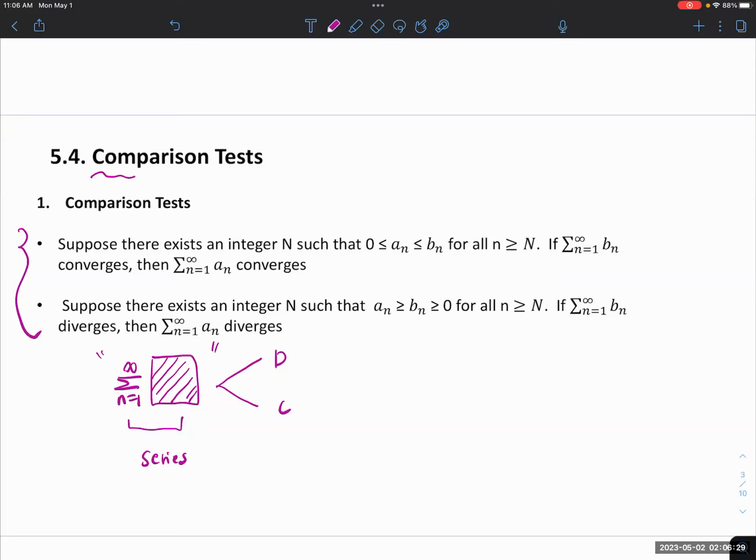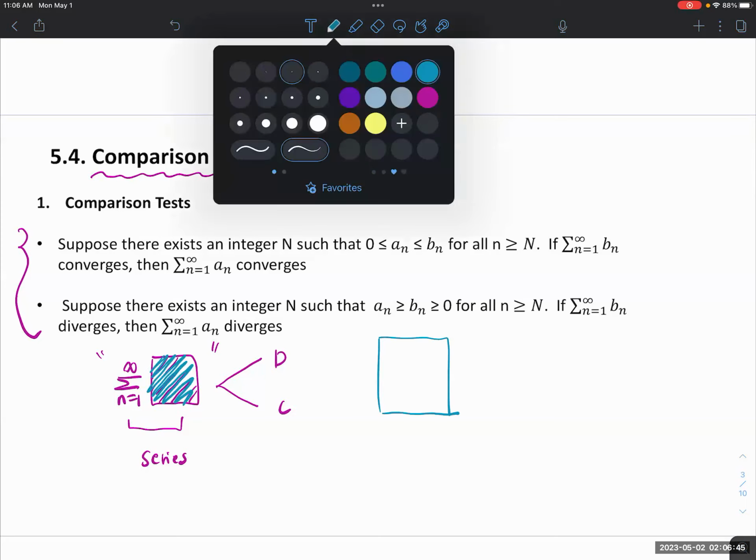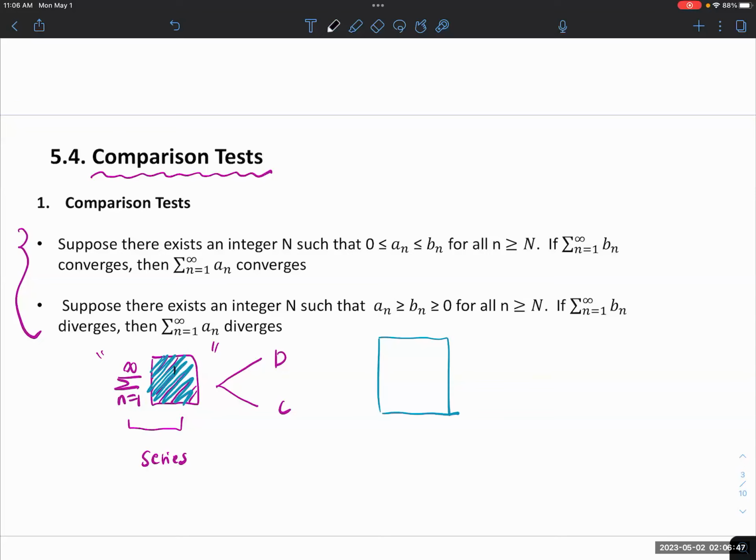What the comparison test says is that you are going to create something that is really closely related to the given form of the series. Especially you're going to look at this an, which is what we usually write. You're going to find a form that is really close to an, and then compare them and make an inequality relationship.